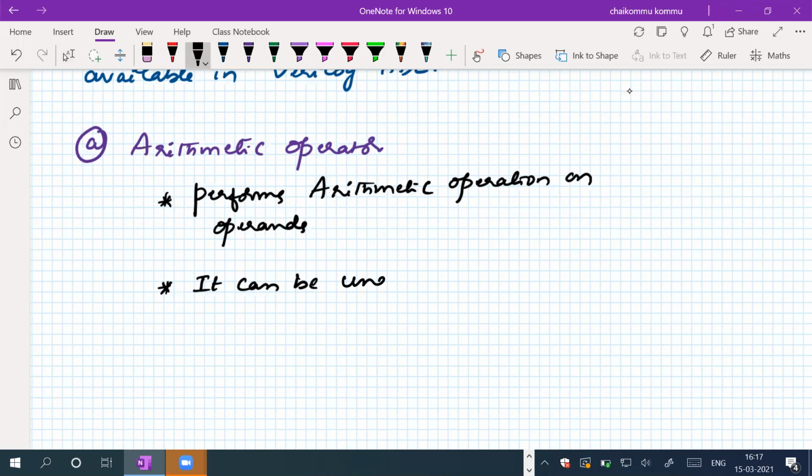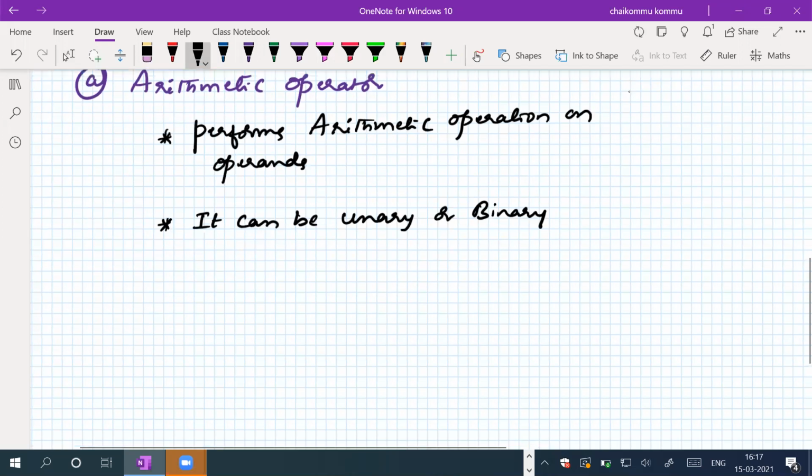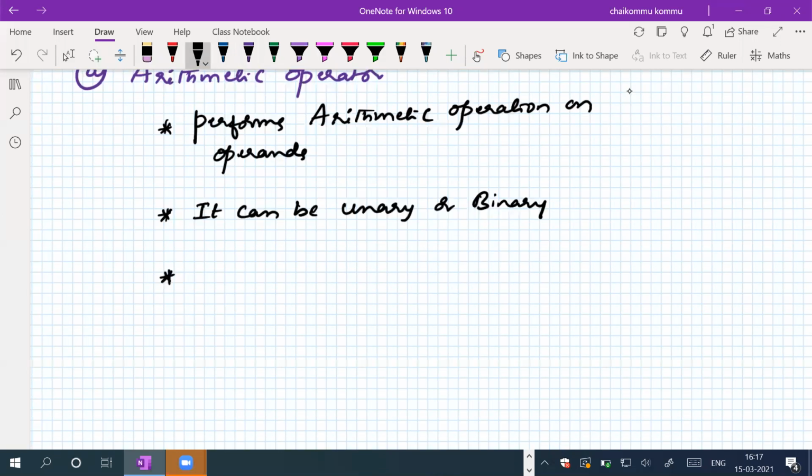So what are the different available operators that we use under this arithmetic operation? We are going to use plus, which stands for addition, subtraction, multiplication, division, modulus, and powers.